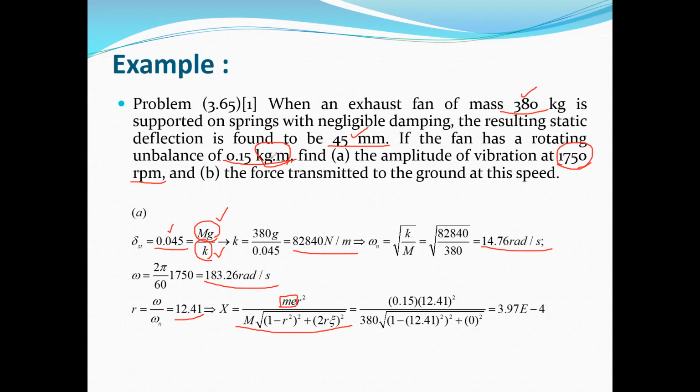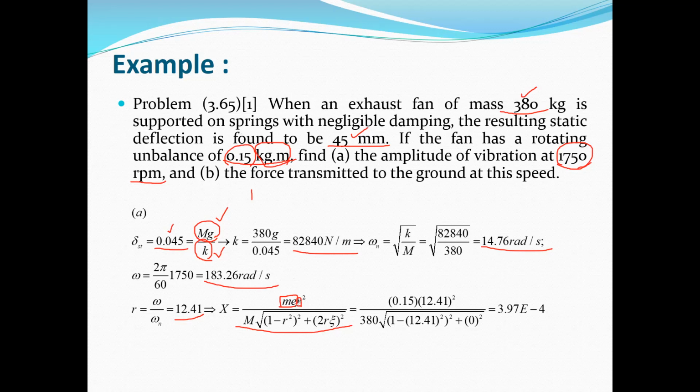Here, because the unit is kilogram meter, we can find out that this 0.15 in fact is equal to m times e. If the rotating unbalance were, for example, 0.15 kilogram, it would mean the mass of the particle is 0.15, and we would also need another data, which is the radius of the rotation. So here, because this is kilogram meter, it means that this is the mass times its radius of rotation. So instead of m times e, we substitute 0.15.